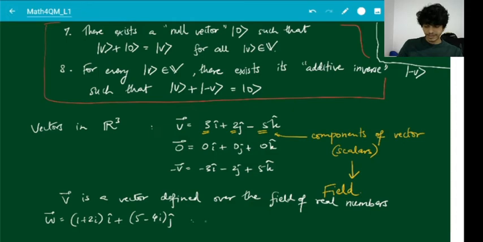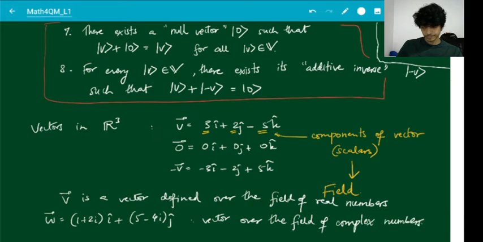And now this is a vector defined over the field of complex numbers. So field is nothing but the set of numbers from which you are taking the components of your vector. That is all that it is. In our cases of interest, we are only going to be talking about the real field or the complex field. The real field is referred to as R, the complex field is referred to as C. But for all essential purposes, it's just the numbers that we are dealing with.